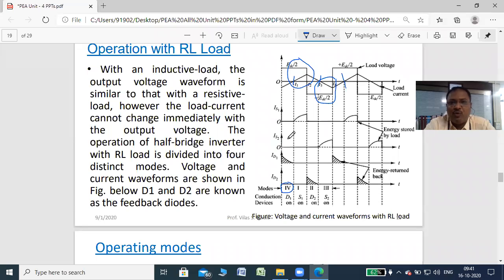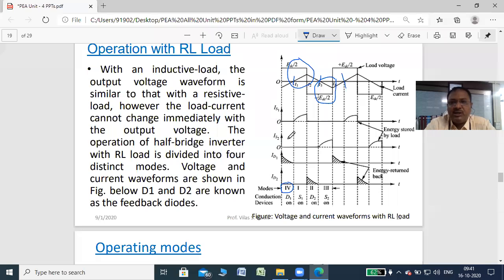So current starts to flow from the inductive energy to the lower half battery, then N, then D2, then A, and then again back to the inductor. This time the inductor releases the energy, but the direction of current is still positive. So current is positive, but it is decreasing as shown in the waveforms, right?